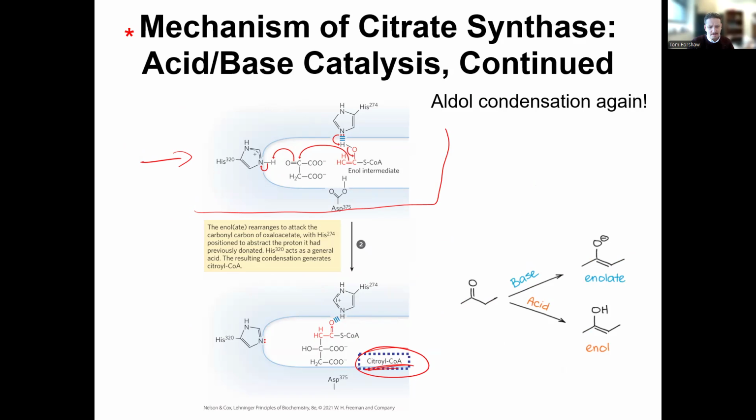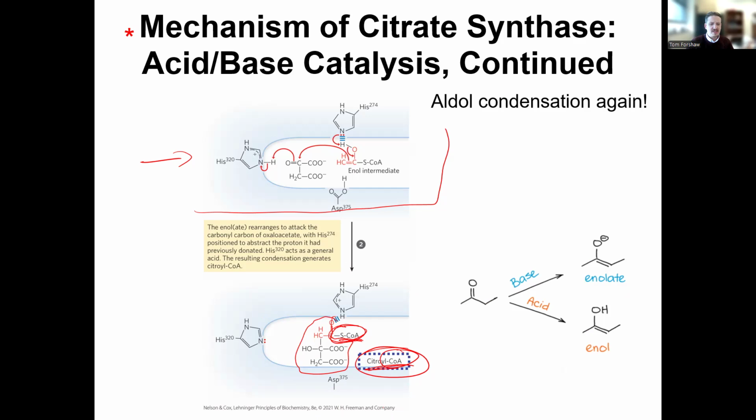It's not citric acid CoA, but it's structurally very similar to it. That's what I'm trying to communicate. They're structurally similar, but it's citroyl-CoA. The difference is that this isn't a carboxylic acid down here. Instead, it's a thioester with the cofactor A.